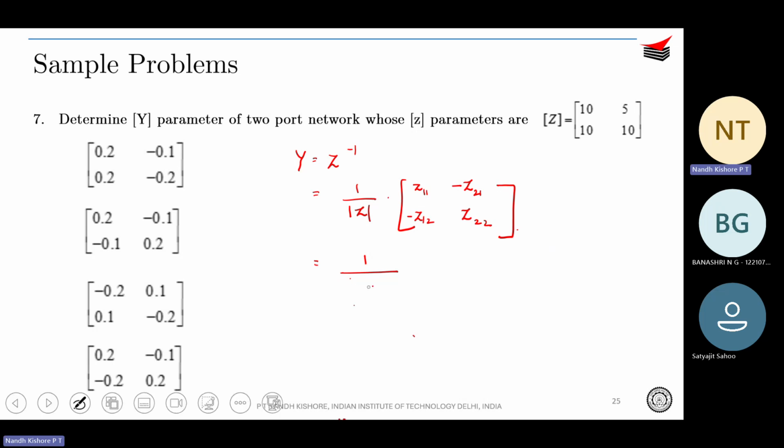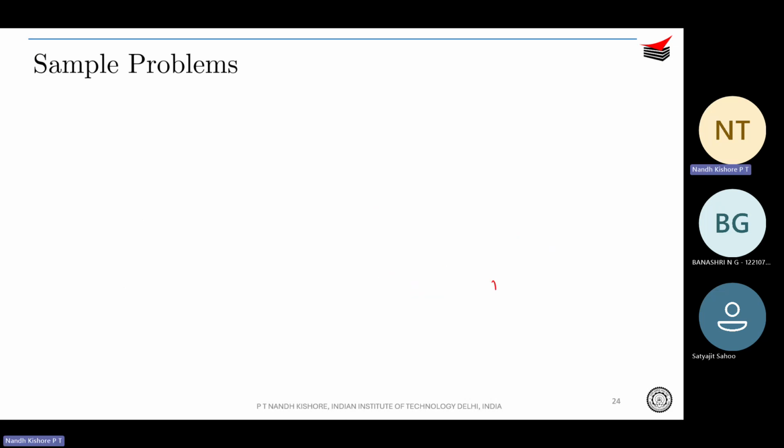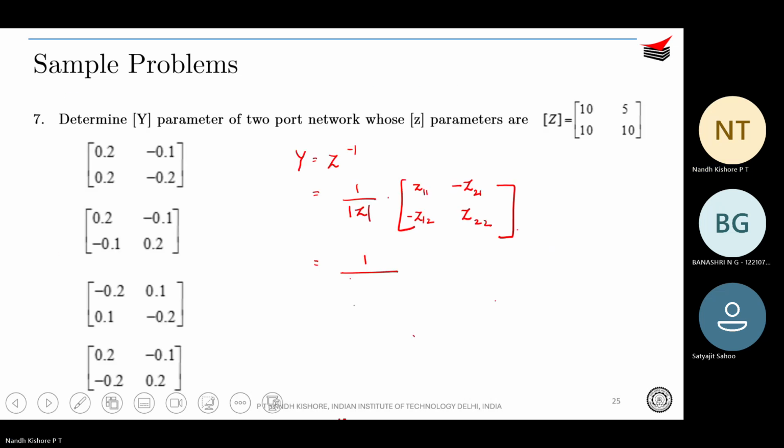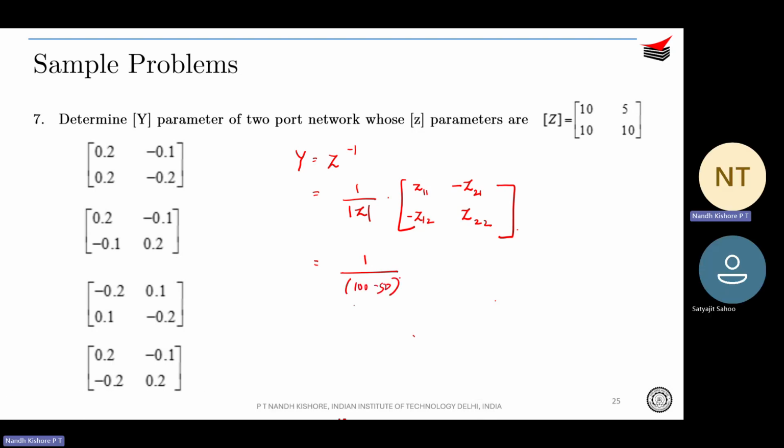So this is 1 by 100 minus 50, and this is 10, this is 10. This would be minus 5 and minus 10.